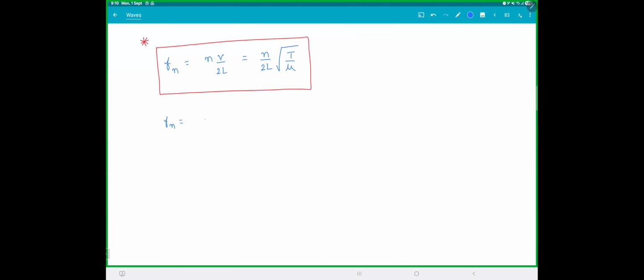Fn is the frequency for the nth harmonic. In this case, it is also n loops. V is the wave speed.